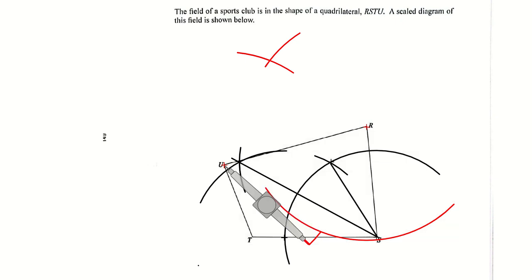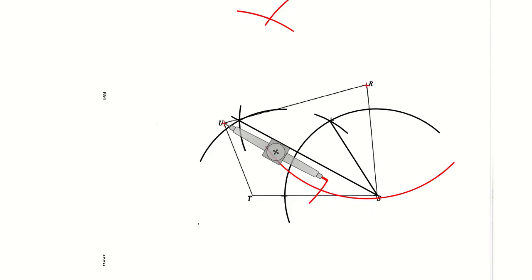Right here. So again, what is not necessary? All these lines here, right? All these lines here.